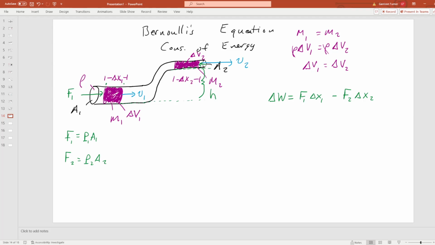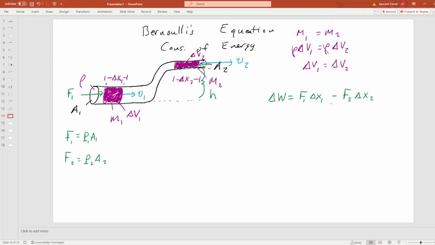So the pressure at the front end is trying to push the fluid backward against the pressure from the other end. So your total work done, or the net work, is going to be the difference between these two amounts of work.